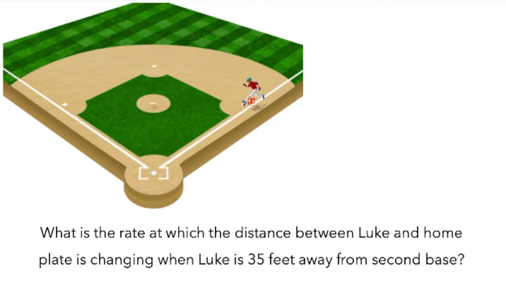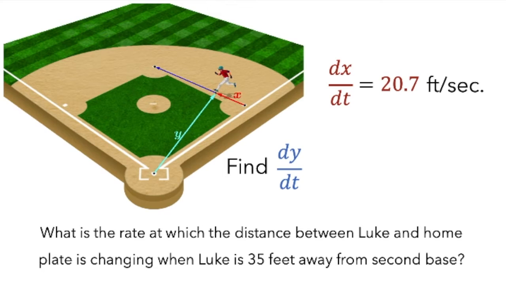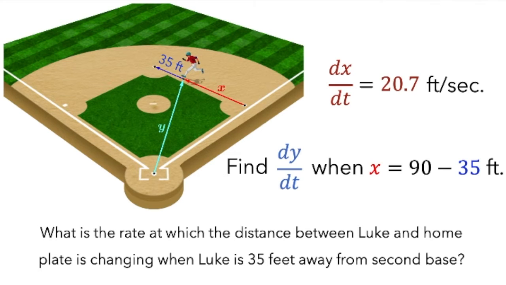Since Luke is running at a constant rate of 20.7 feet per second, and since x represents Luke's distance from first base, then dx/dt equals 20.7 feet per second. Our task is to compute dy/dt when Luke is 35 feet away from second base. So this will happen when x equals 90 minus 35 feet, or 55 feet.